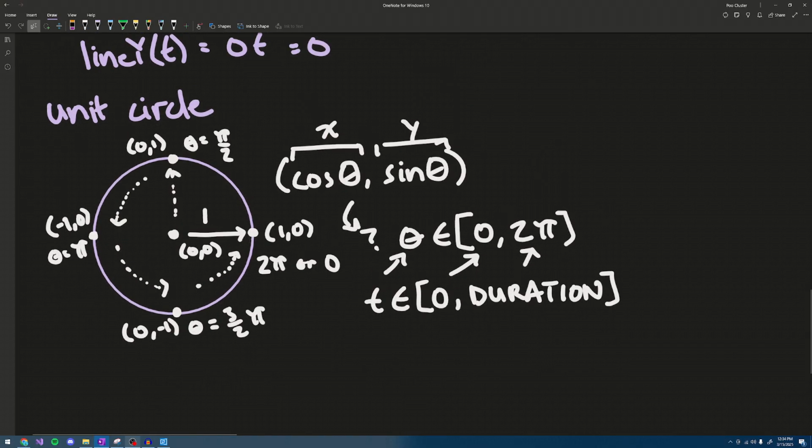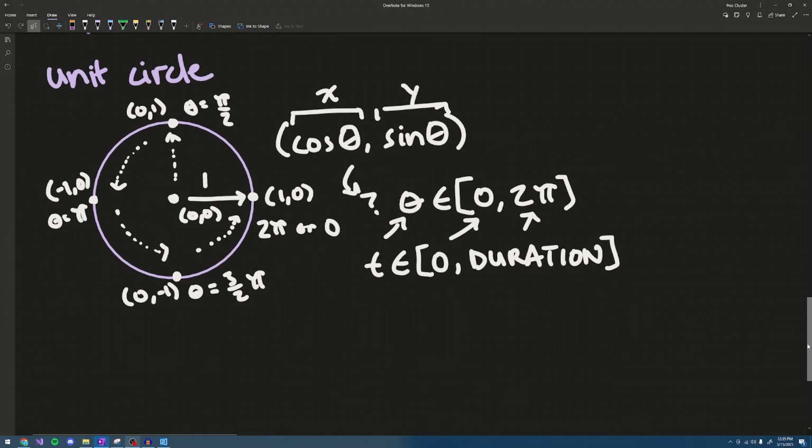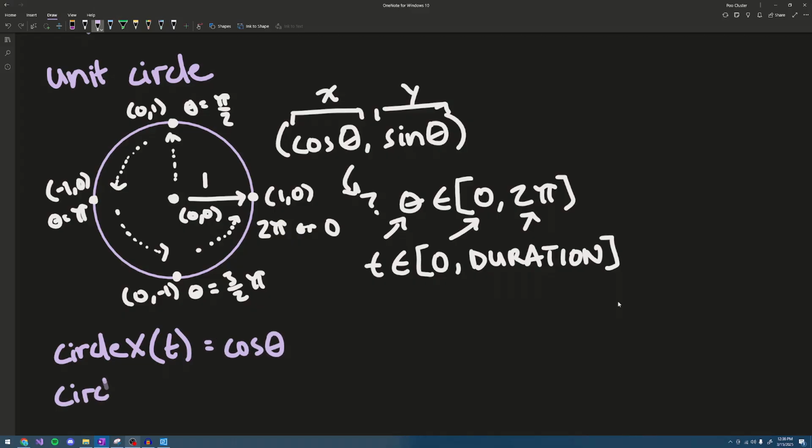And only then will we go around the unit circle in the duration that we're specifying. It's called a unit circle because it's one away. So let's go ahead and write the mathematical functions for this. Let's call it circle x of t. And this is equal to cos theta. And we also have a circle y of t, which is equal to sine theta.